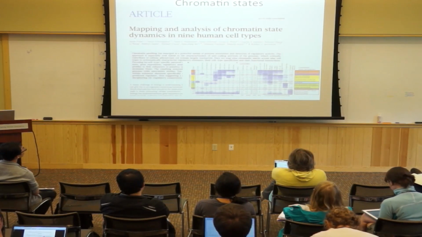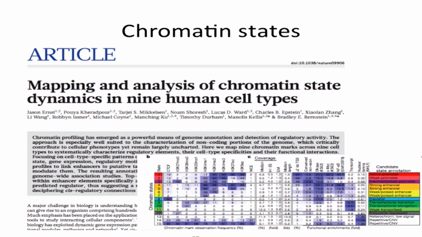This paper took this a little bit further and looked at combinatorial marking across the genome. They did ChIP-seq for multiple histone modifications, and used a segmentation procedure to segment the genome into regions that have the same composition in terms of these histone marks.